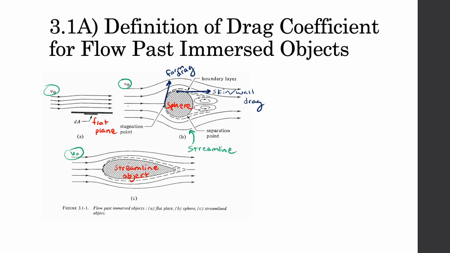For the sphere, based off this geometry, we'll have these whirlpools right here, which we call eddies. This will result in an increase of form drag due to the shape of the sphere. One way we can minimize it is to have this come to a point, so we can reduce the form drag right here.